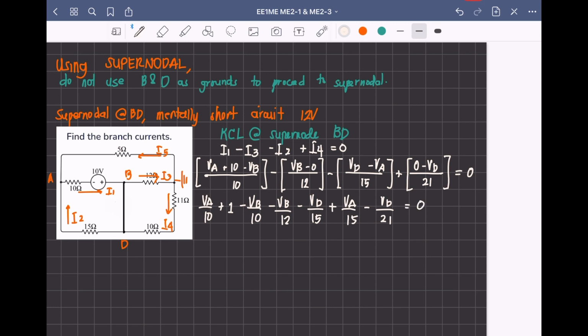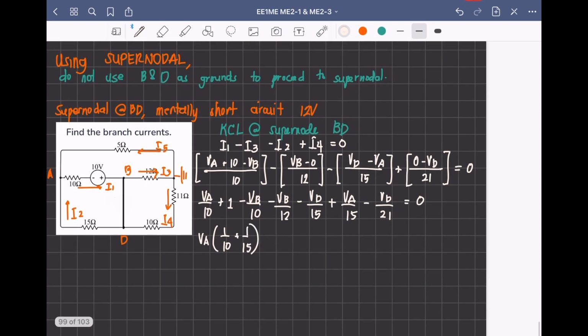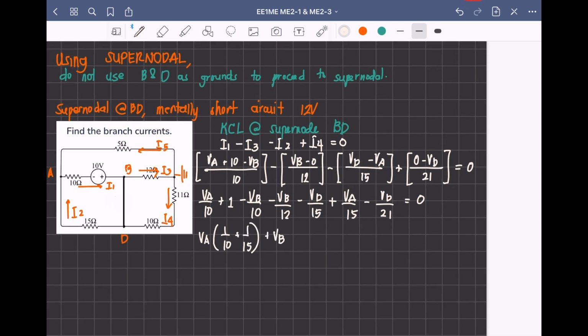So I'm going to group all VAs, and that would be 1 over 10 and 1 over 15. Okay, plus all VBs. So you have there negative 1 over 10, negative 1 over 12. Okay, and that's it. Plus, we also have VD. So for VD, we have two terms then.